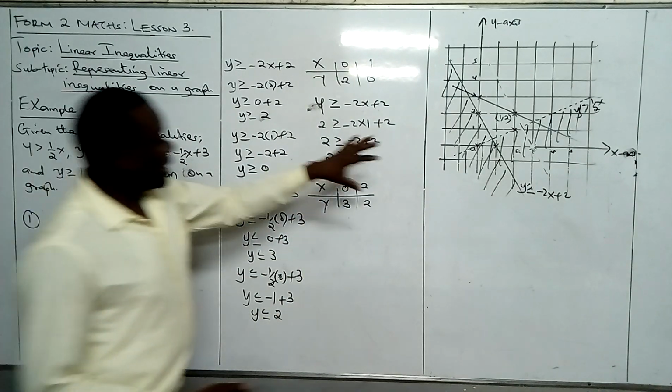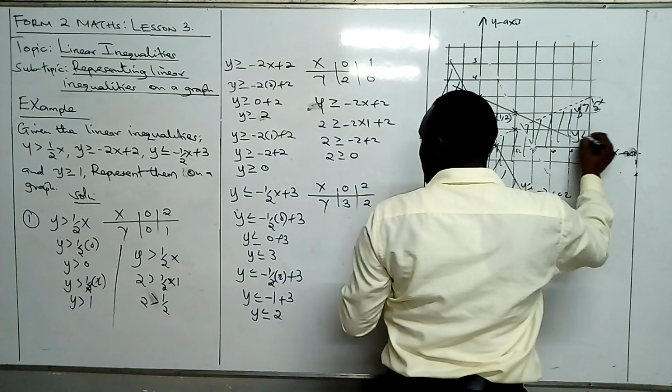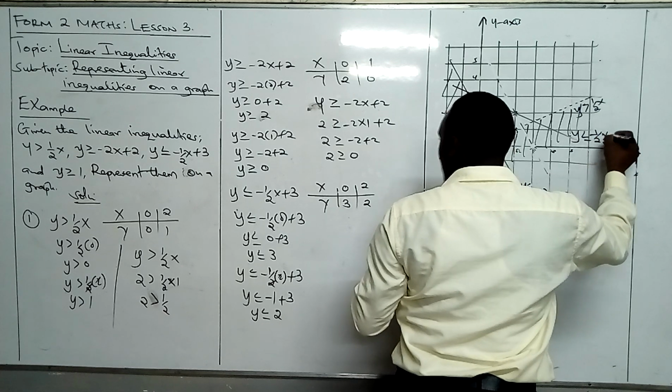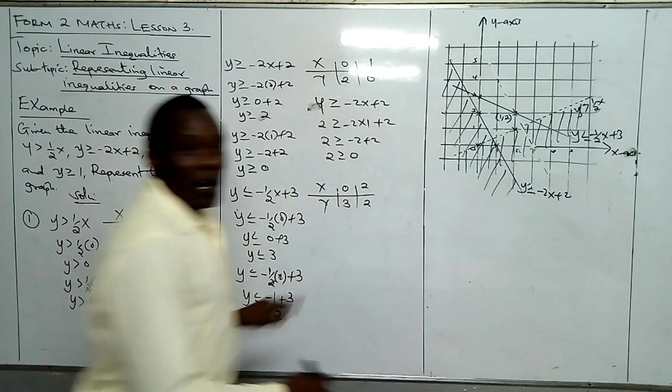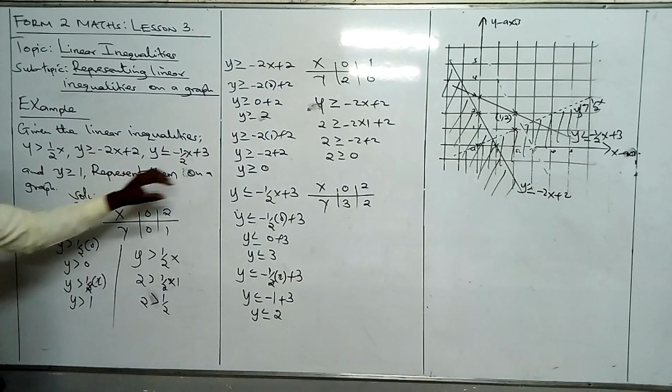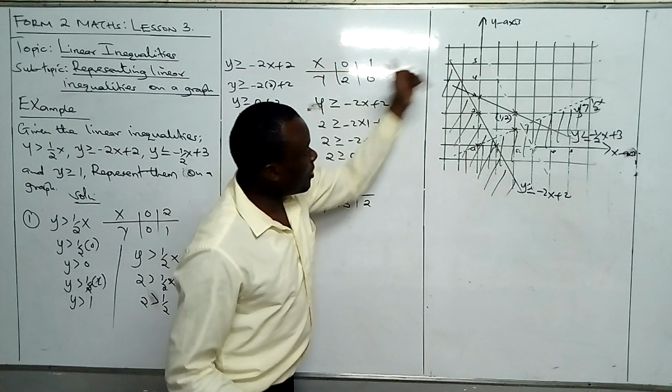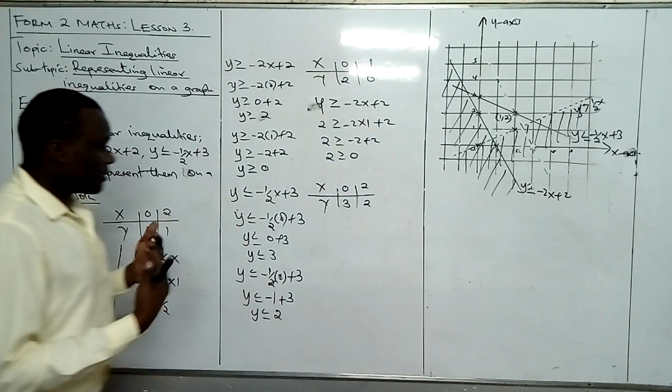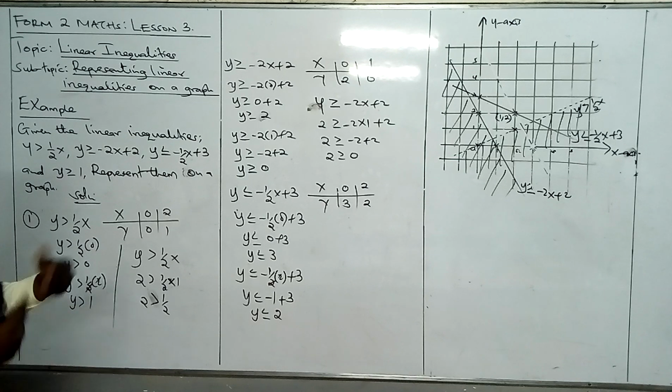Then we label it as y less than or equal to minus a half x plus 3. Once we are done, we now prove which side is supposed to be shaded and which one is not.